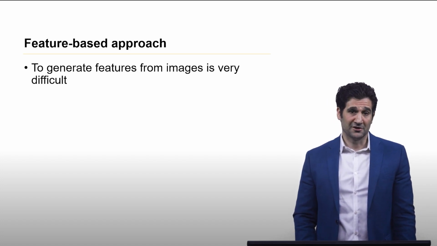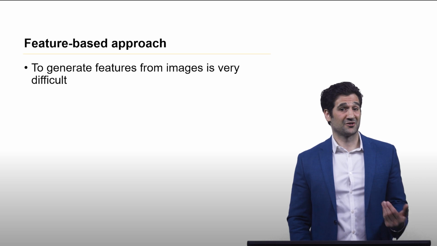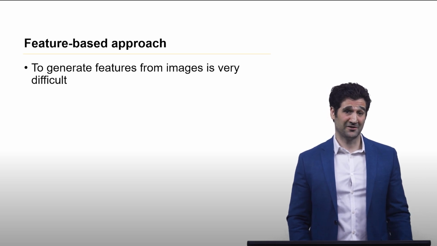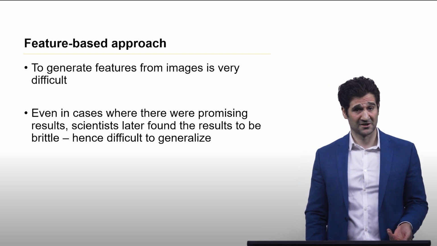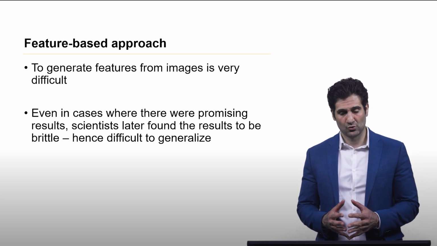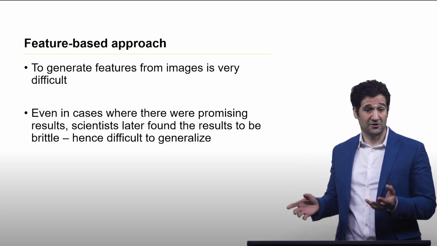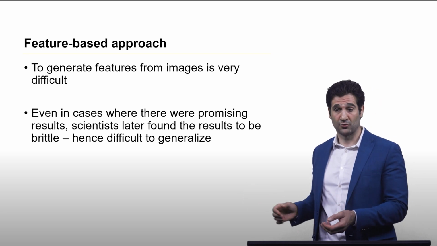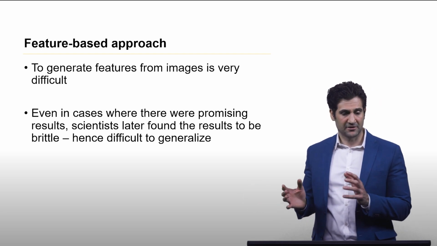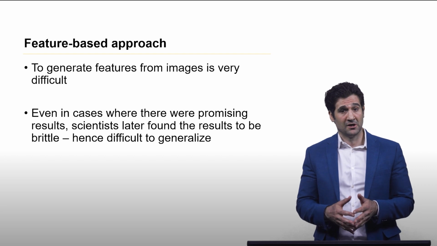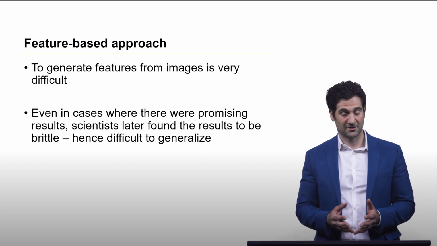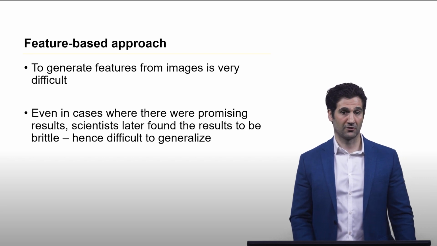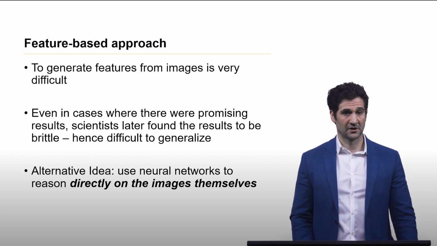But unfortunately, generating features from images is actually quite difficult, and there have been years of research that have gone into this. Even when there are identified use cases where this works well, those become very narrow, and this whole approach was very difficult to generalize. So this was a challenging problem for a long period of time.